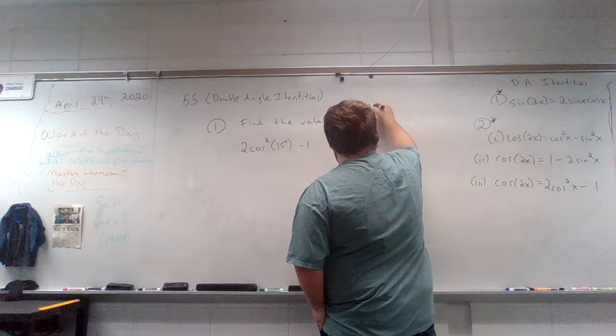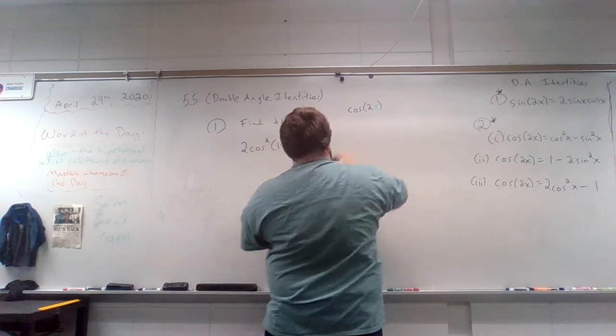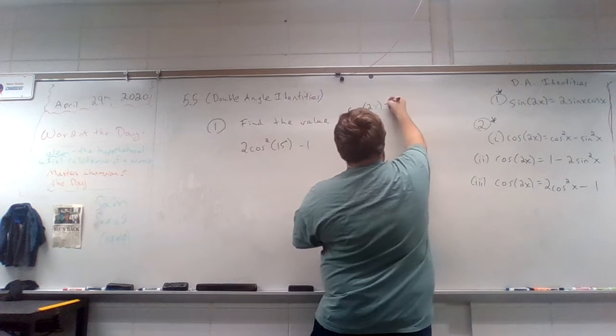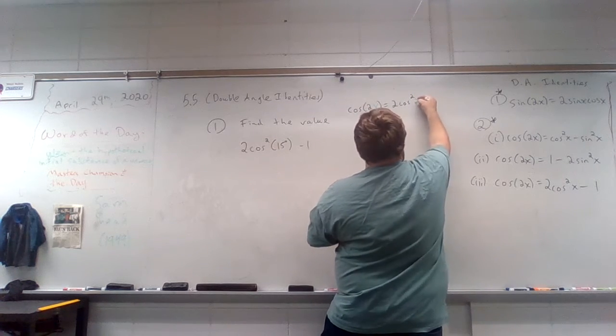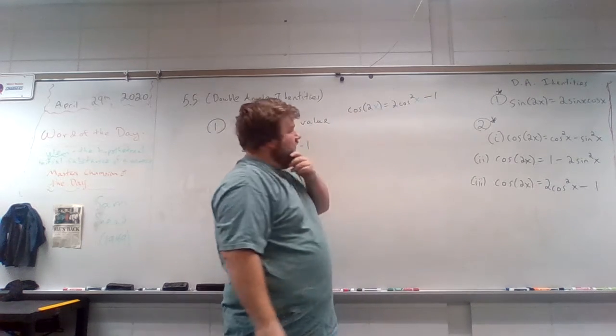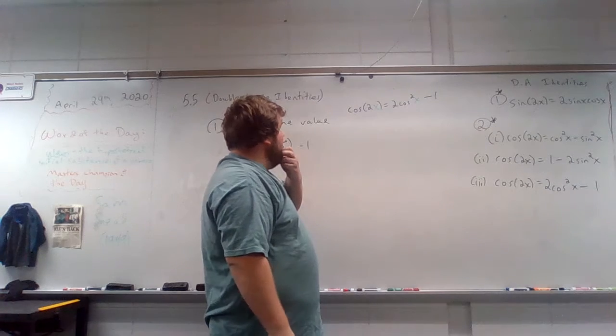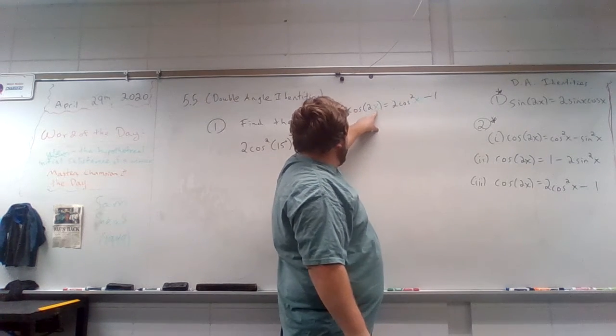Cosine of 2x, let me color code this so you can see this really well, is equal to 2 cosine squared x minus 1. Okay, so I'm color coding it so you can think of it kind of as an input. Here, this is an x. Here, the x is here.